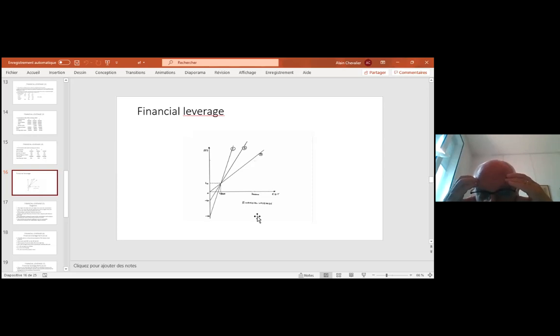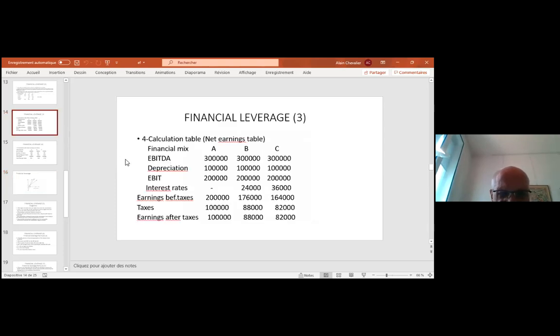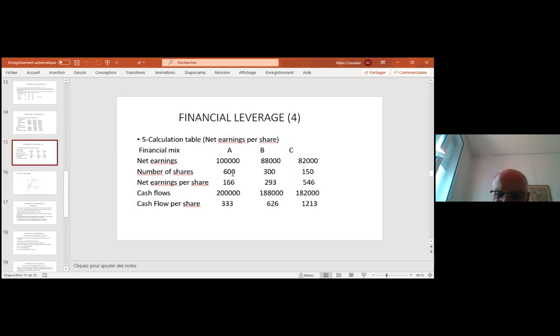And 48,000, as we know, if you put 48,000 in this table, you will quickly understand that if you have 48,000 as an EBIT level, here you will get 24,000 for taxes. Earning after taxes would be 24,000, and you divide by 600, it means plus 40.